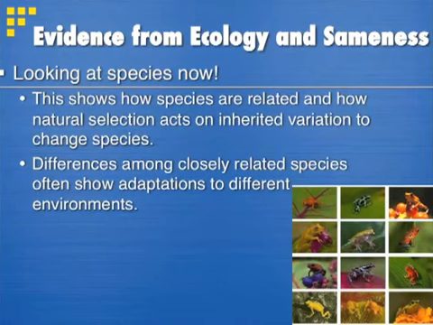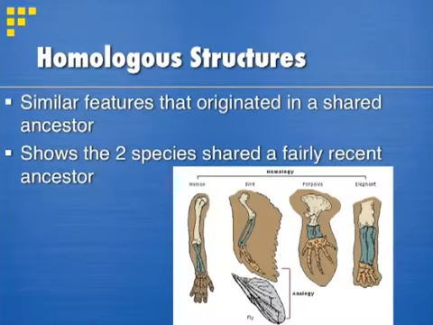Now, homologous structures are actually very similar to the last one. They're similar features that originated in a shared ancestor. So it has to be an anatomical feature that develops. So it shows two species actually come from a very recent ancestor if you have homologous structures.